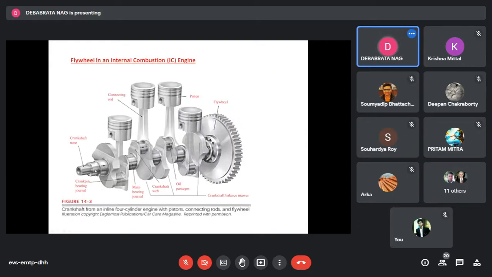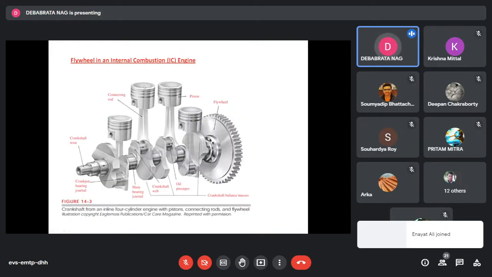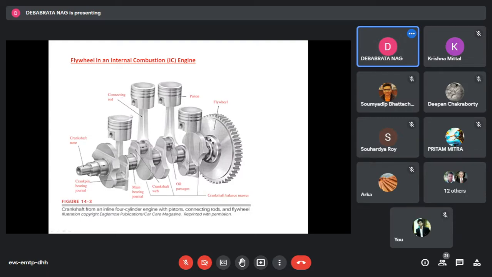When fresh charges are inducted into the cylinder, the cylinders are not shown here, they are on the top, and the whole thing will reciprocate within the cylinder. When fresh charges, say air fuel mixture, are inducted into the cylinder, that will actually explode.